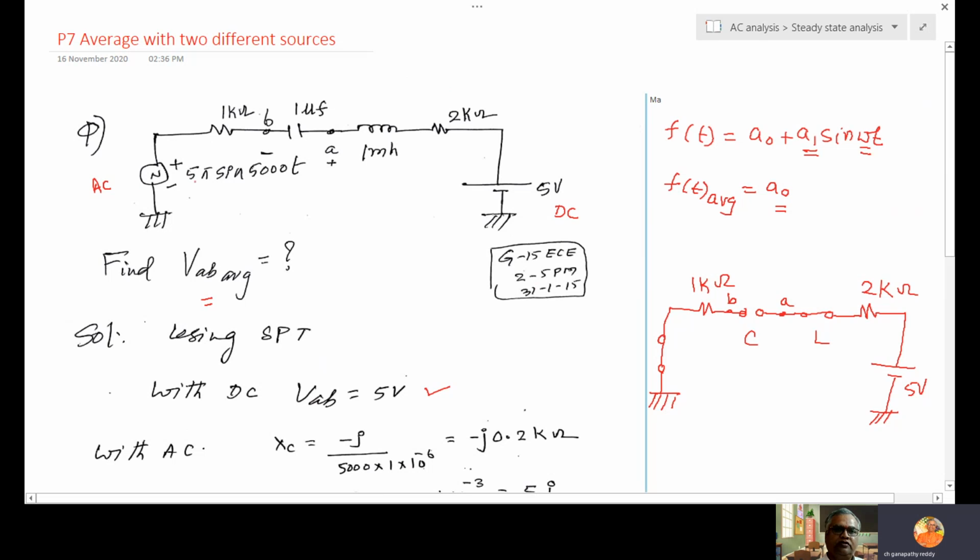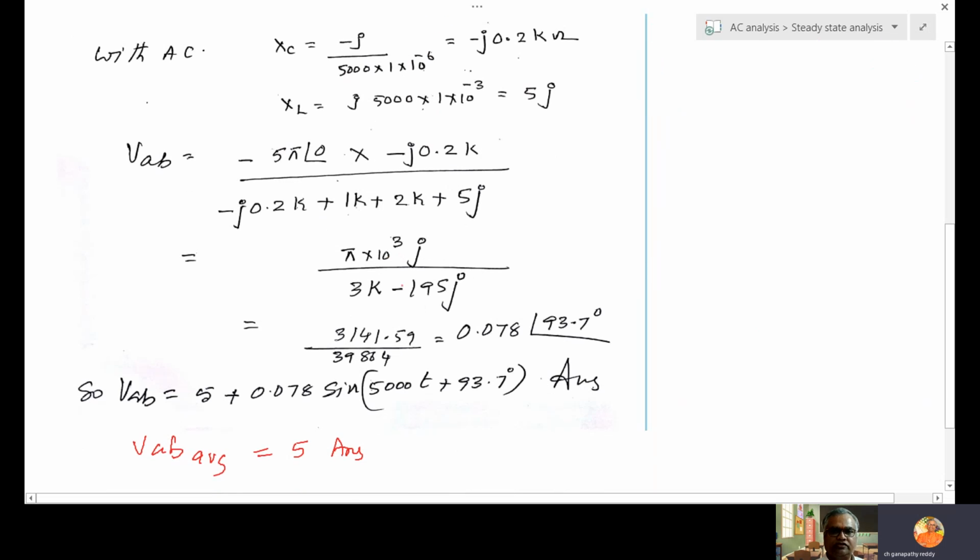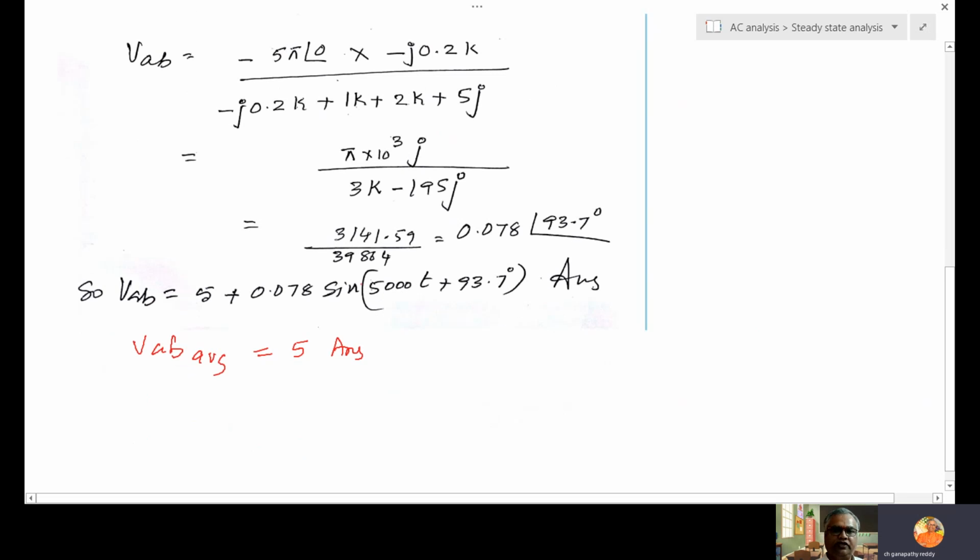Here this side is positive and this side is negative, but the VAB polarity is reverse. Therefore minus 5 angle 0 into capacitive reactance by total reactance, complex form, convert into phasor, and this phasor change into trigonometric form. This is VAB.